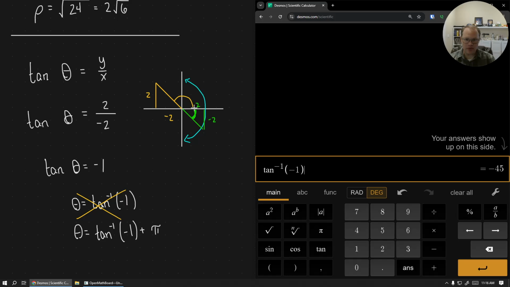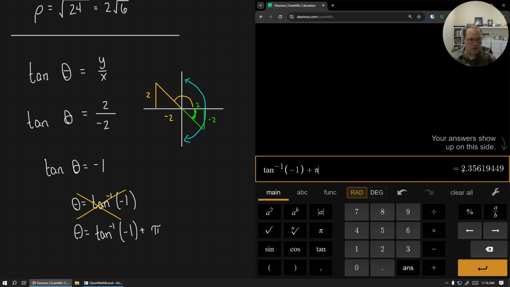Makes sense if you look at the triangle, right? The legs of the triangle have the same magnitude, and so that indicates that we have a 45-degree angle here. And it's just below the x-axis, which is why it's negative, right? But whenever we're dealing with spherical coordinates or cylindrical coordinates, we want to be in radians, not degrees. Radian is the more natural measure mathematically. So I'm going to add pi, like the formula says, and then I'm going to make sure I'm in radians.